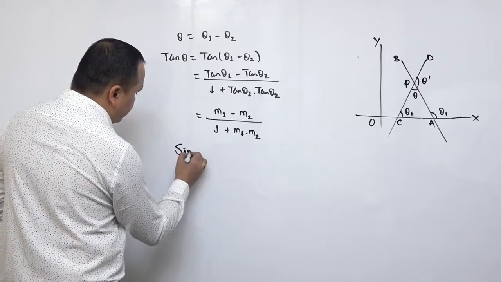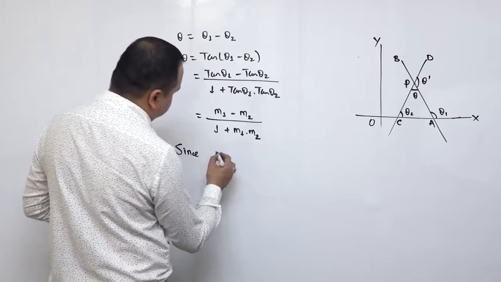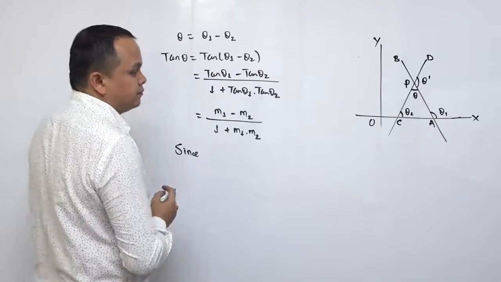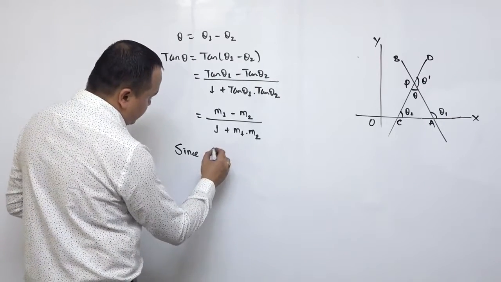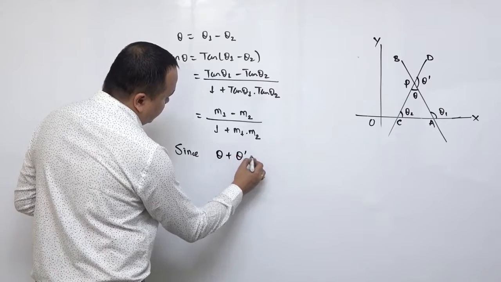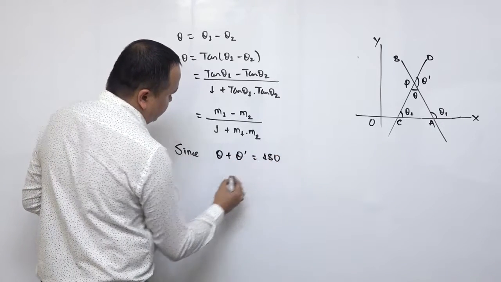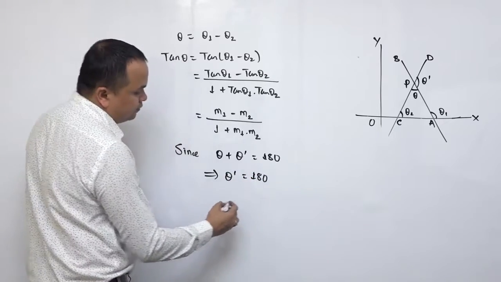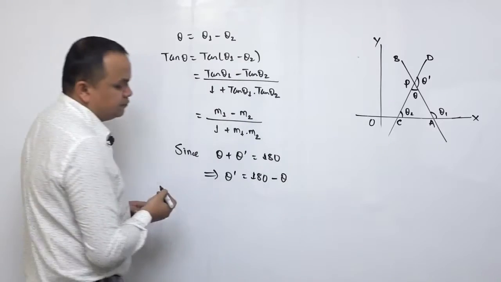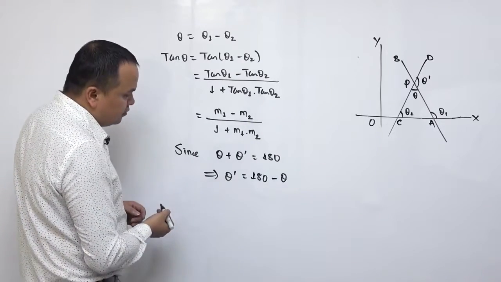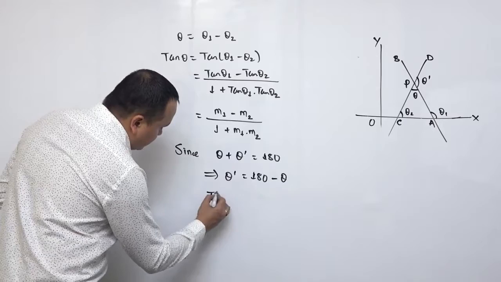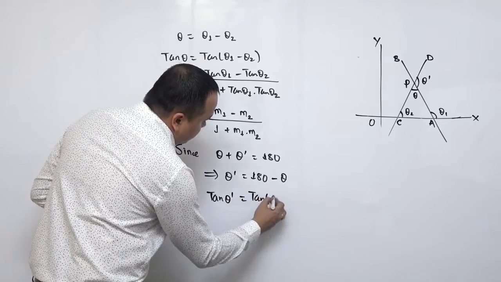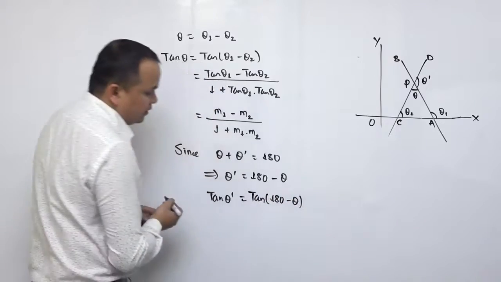Since theta plus theta dash is 180, this implies theta dash is 180 minus theta. Taking tan on both sides again, tan theta dash is tan of 180 minus theta.